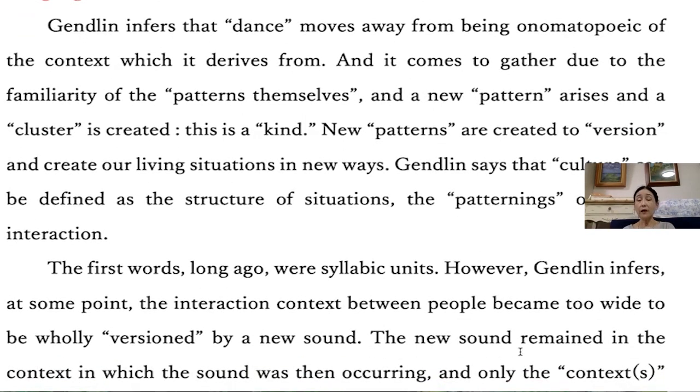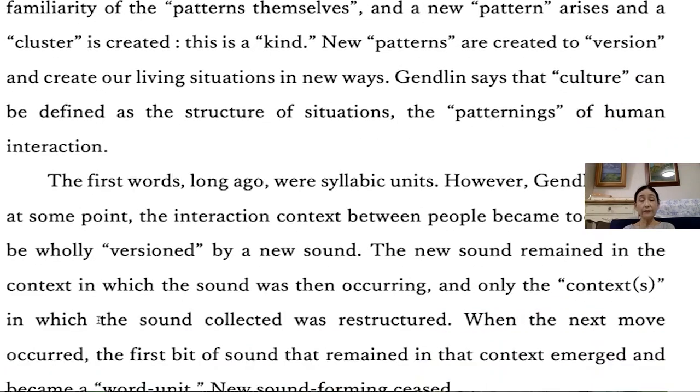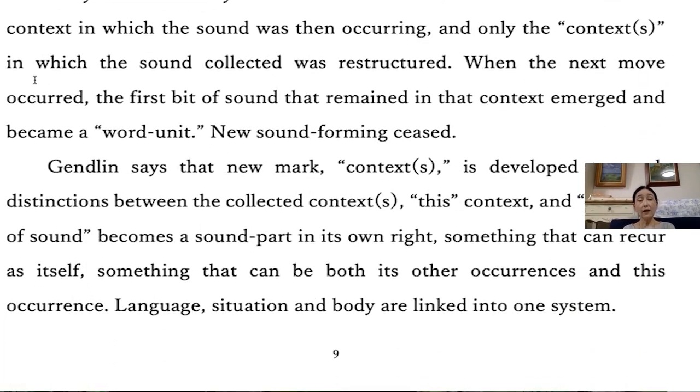The new sound remained in the context in which the sound was then occurring, and only the contexts in which the sound collected was restructured. When the next move occurred, the first bit of sound that remained in that context emerged and became a word unit. New sound forming ceased.